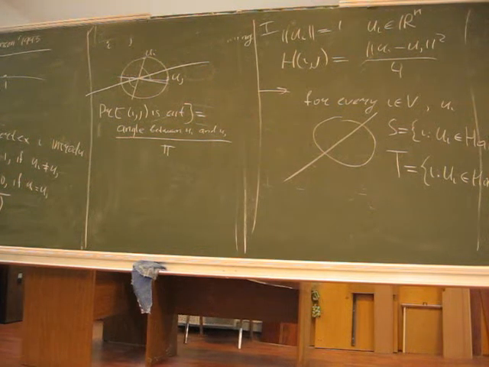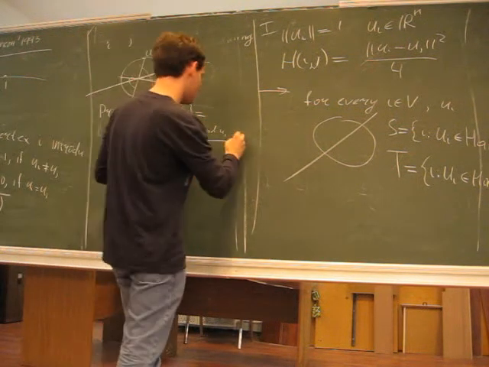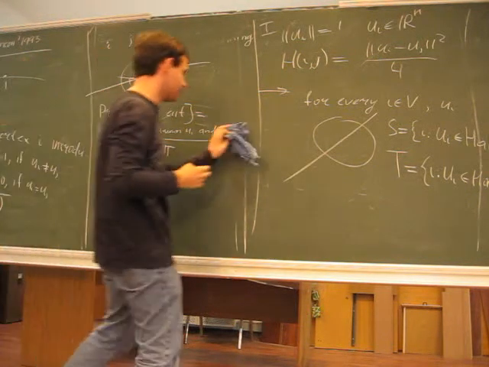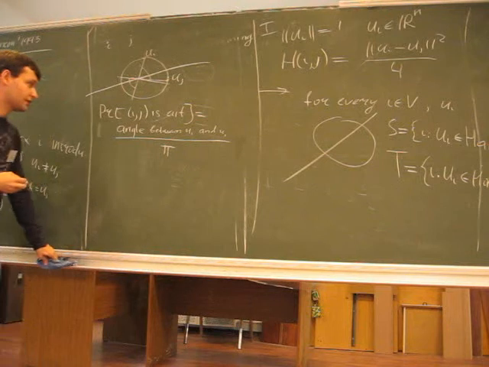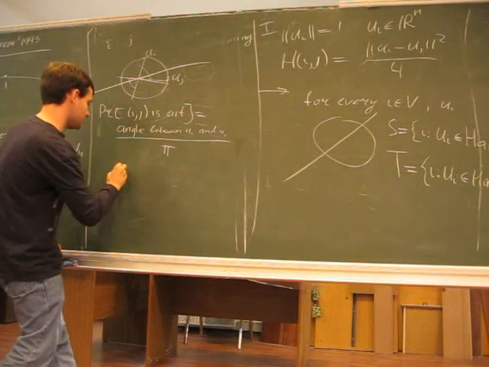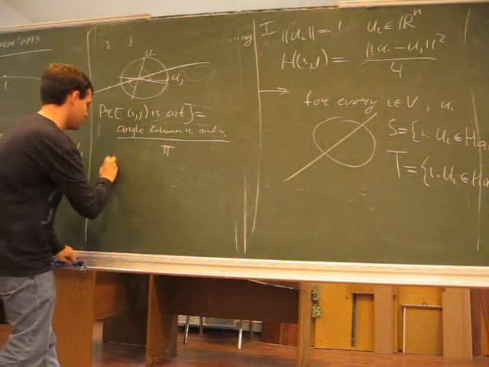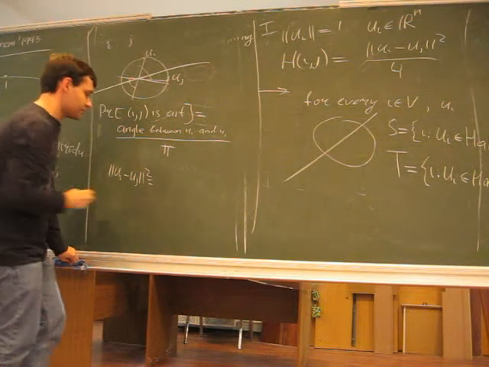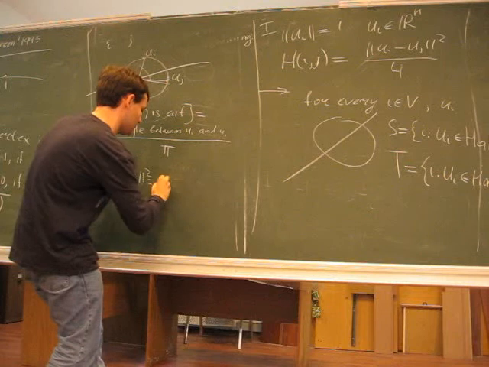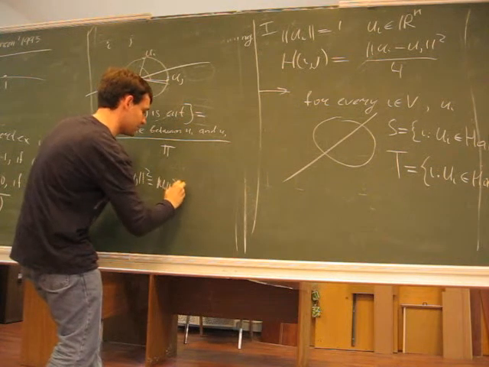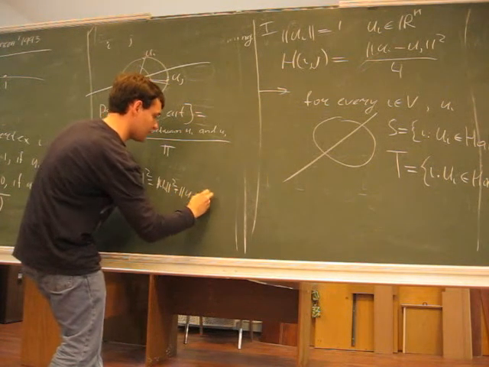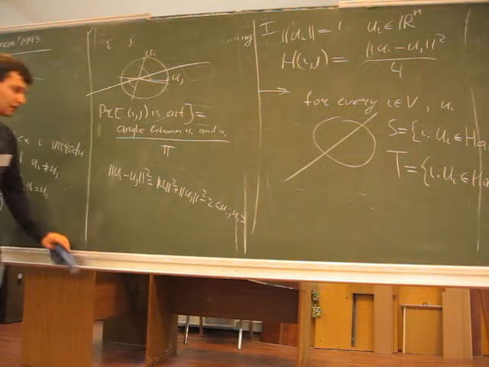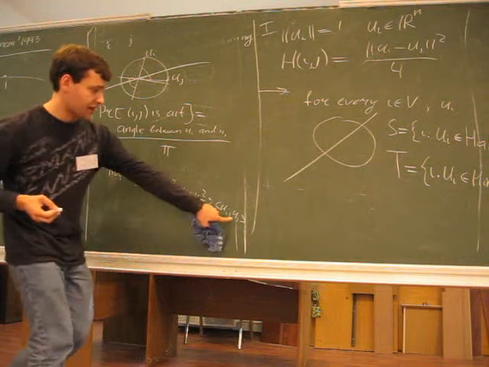So what is the angle between u_i and u_j? Let's actually use the cosine law. The distance squared between u_i and u_j is equal to u_i squared plus u_j squared minus 2 times the inner product of u_i and u_j, and this is equal to the cosine of the angle.